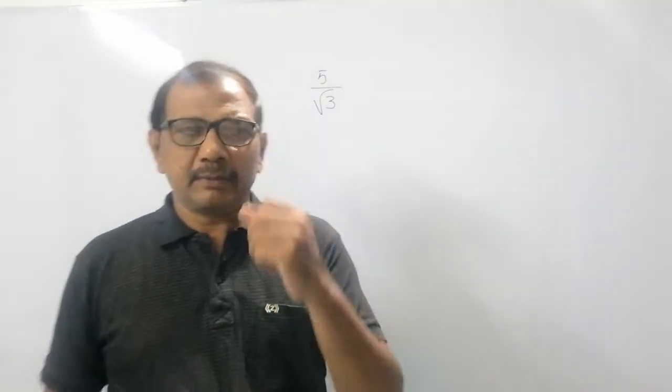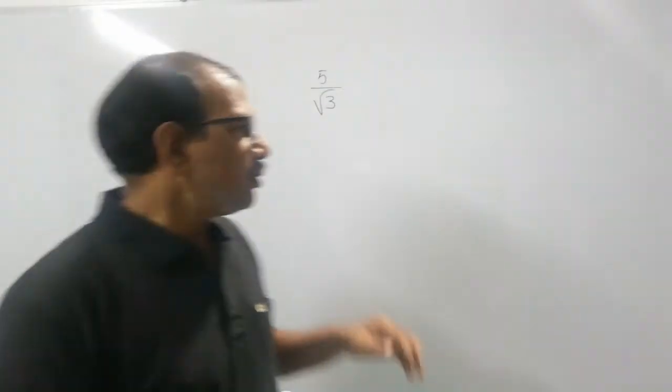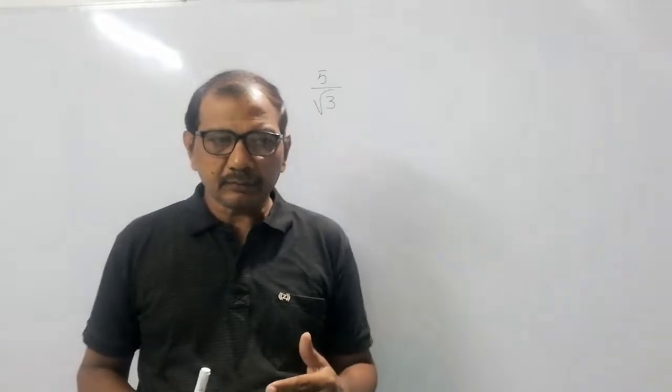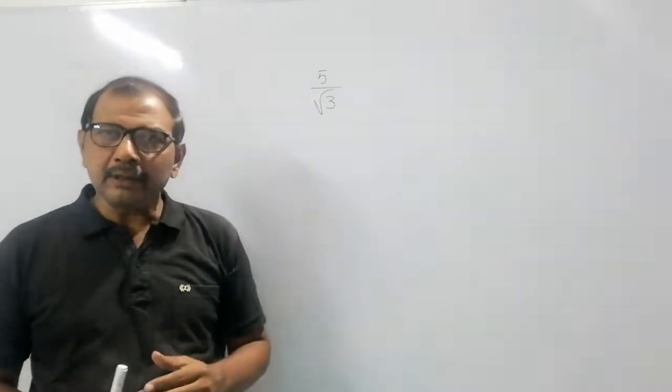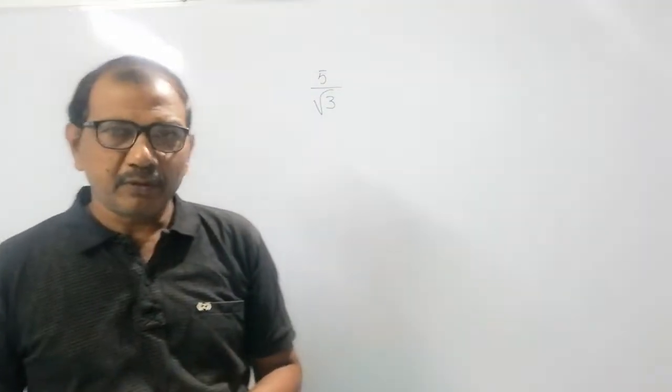So the first thing which comes to our mind is root 3 into root 3 is 3, which is rational. If I multiply the denominator as well as the numerator by the same number, the value of the fraction does not change, right?